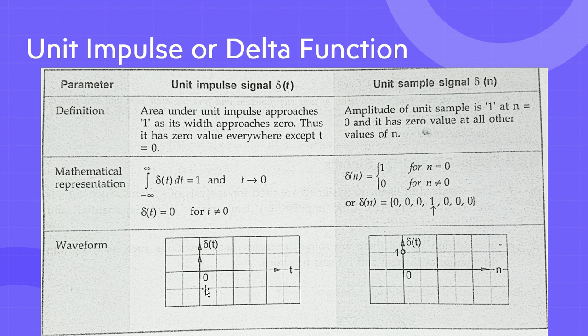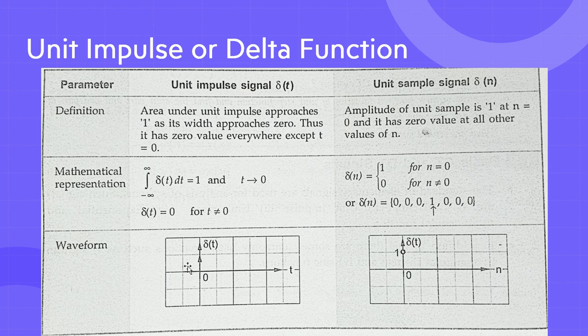The definition says the area under the unit impulse approaches 1 as the width approaches 0. Thus it has value 0 everywhere except at t equals 0. In the graph, everywhere there is no value, which means the value is 0, and at t equals 0 there is some value. As it is a continuous time signal, you may ask why I am seeing a sample. It is not a sample.